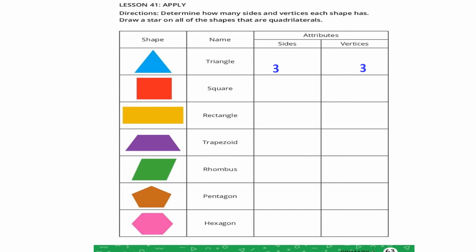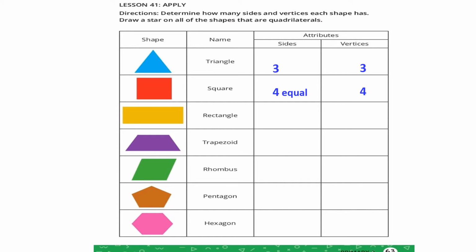The second shape, square. How many sides do you have, square? 4 equal sides. How many vertices do you have? 4 vertices.